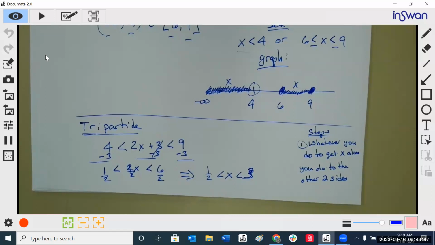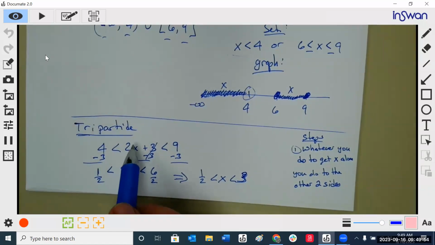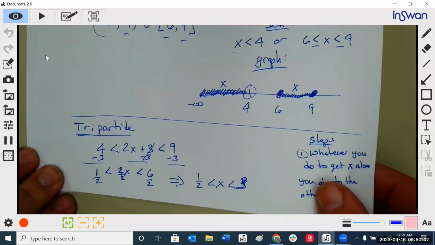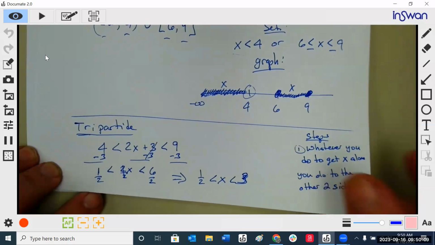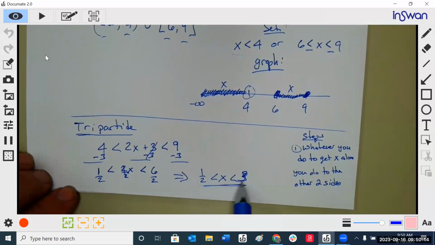That's all there is to it. And if X is negative, you change everybody's sign and you flip the inequalities. And that's all there is to it. Let's do one of those. What form is this? What notation? It's set notation.